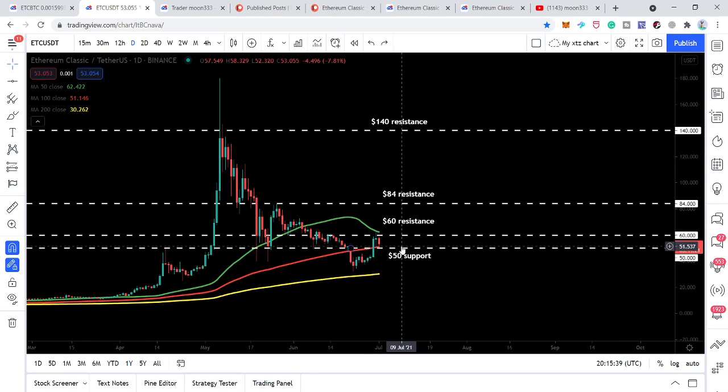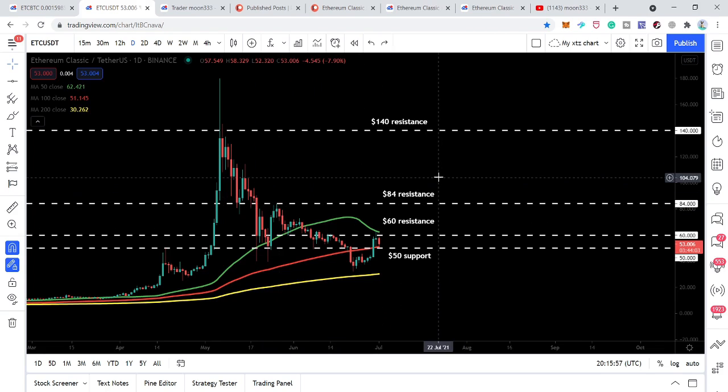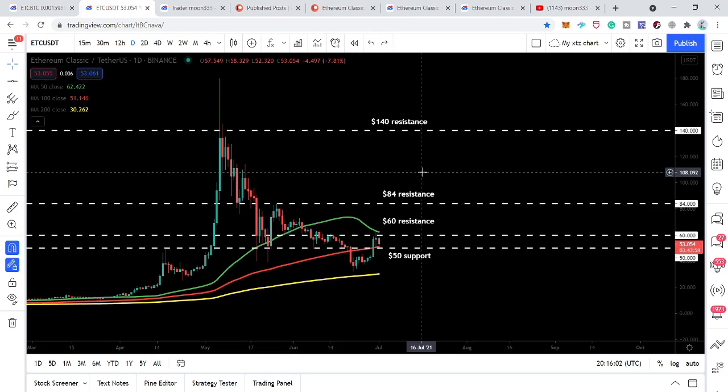Once the price action is able to cross up this 50 simple moving average and 60, then we can expect that it can attempt to break out this very major resistance level at $84. And it has been working as a support here and as a resistance here, and now it is again working as a resistance. Then an imminent move up to $140 can be expected.